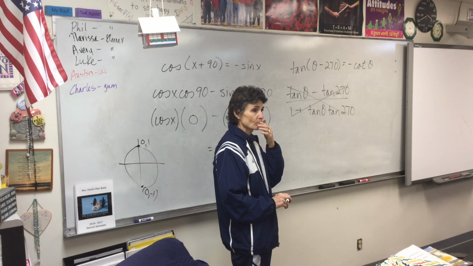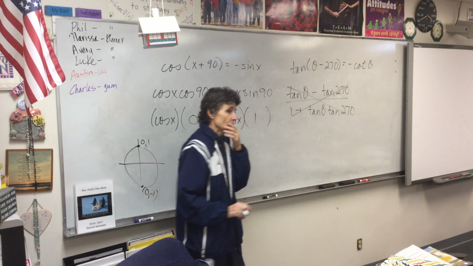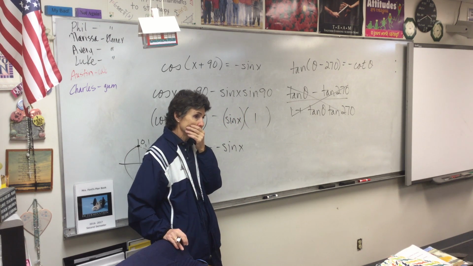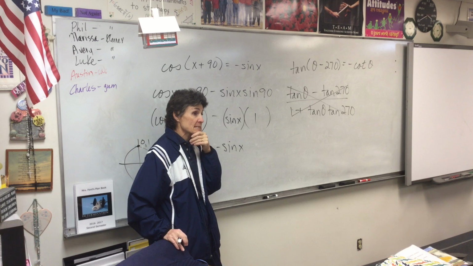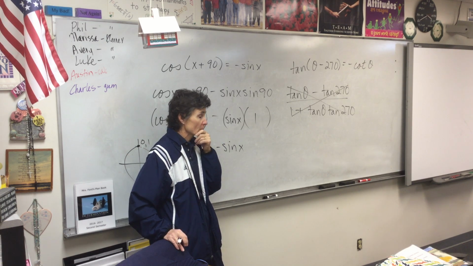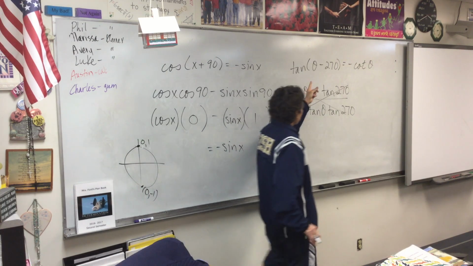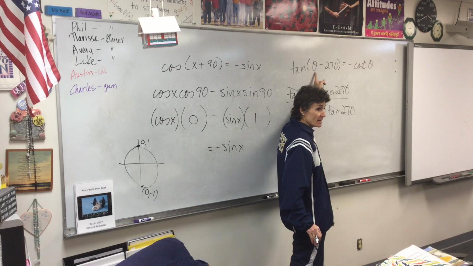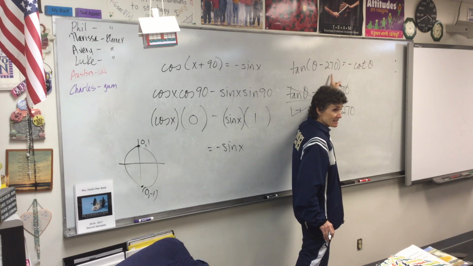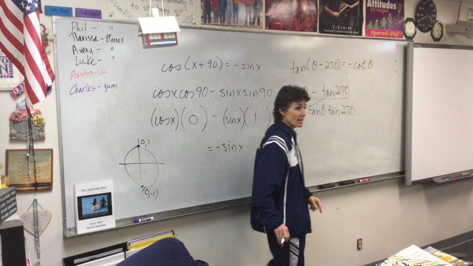Break down the 270 into 60 and 210. 270 would definitely break down into 60 and 210. You're exactly right. Here's my issue. Then I'm going to have 3 things in here because I can't get rid of the theta, so I'm still going to have my theta, and then I'm going to have my 60 and my 210.